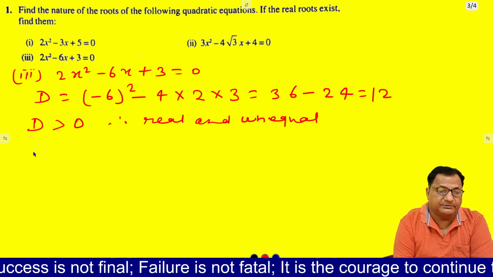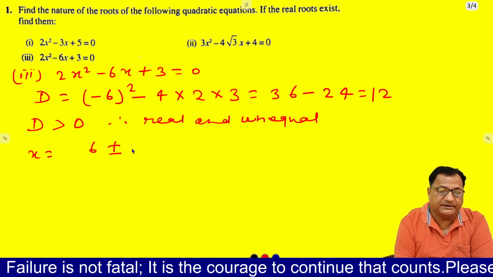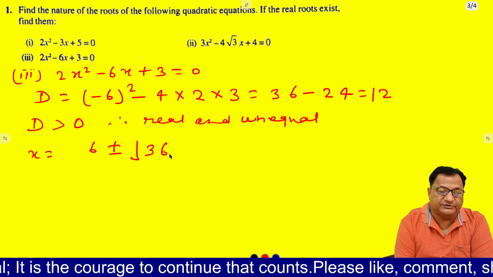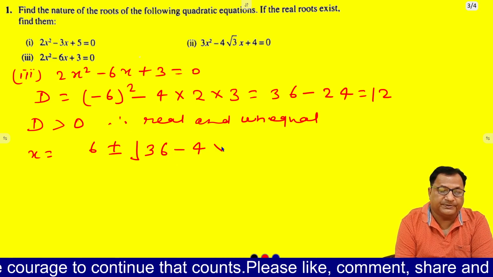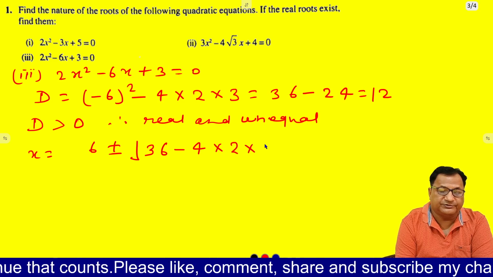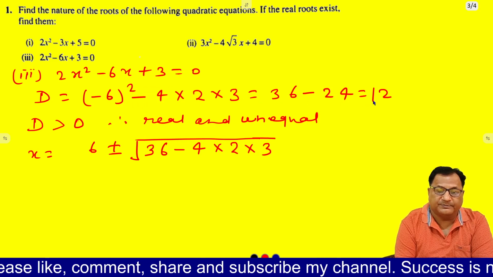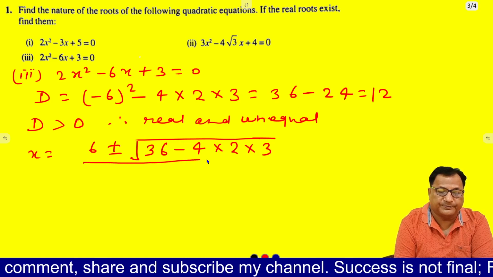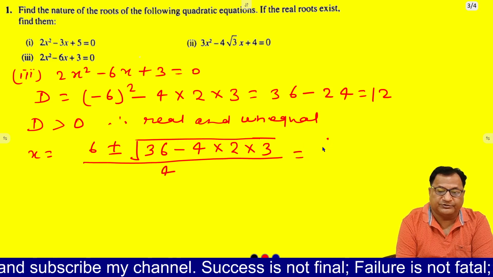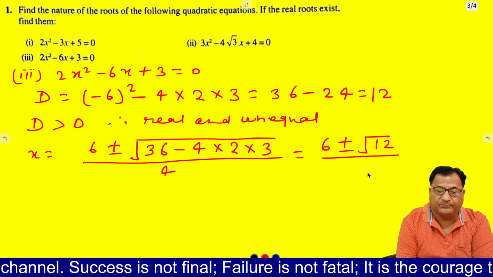Now we'll find x is equal to minus b, meaning 6, plus minus the square root of b square, meaning minus 6 square, 36, minus 4 into a, a is 2, into c, c is 3, which is 12, as we have just found out, by 2a, which means 4. So 6 plus minus the square root of 12 by 4.